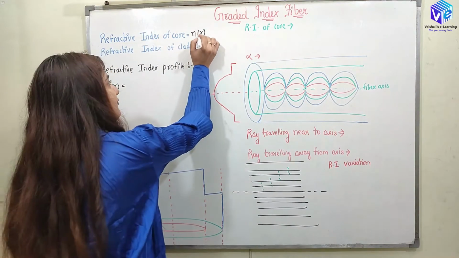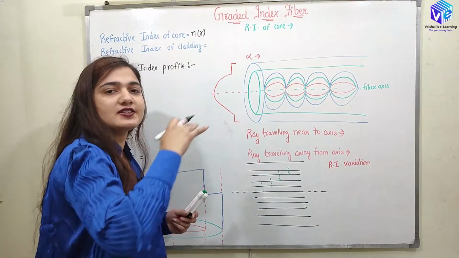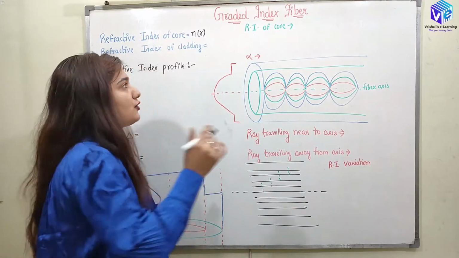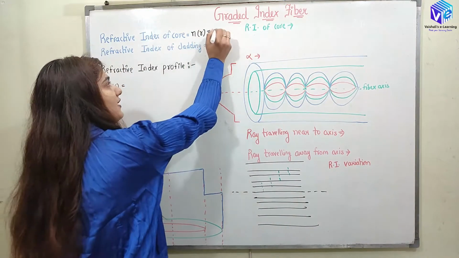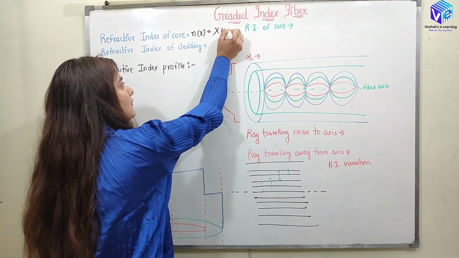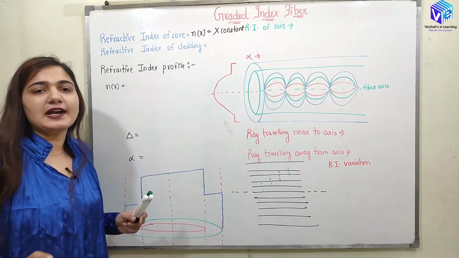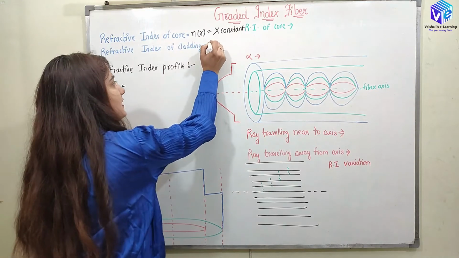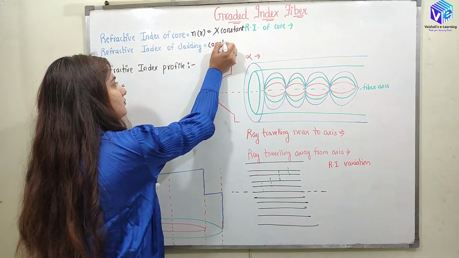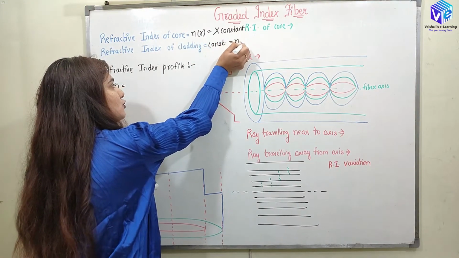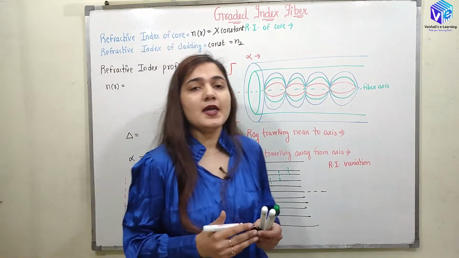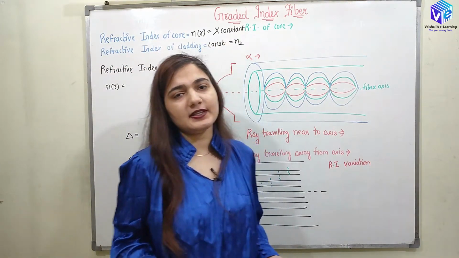So the refractive index changes if I change the distance from the center of the core. Inside the core the refractive index is not constant. But on the other hand, the refractive index of the cladding is constant and equal to n2. This is the basic difference between the step index fiber and the graded index fiber.